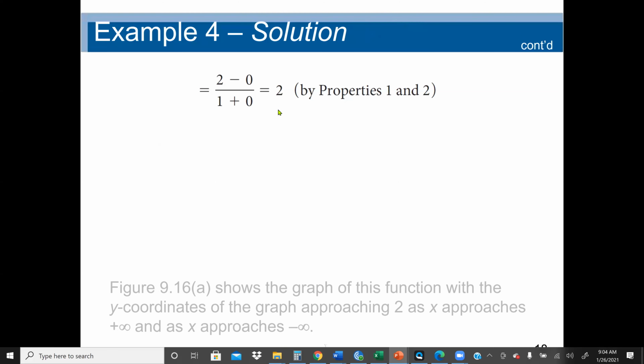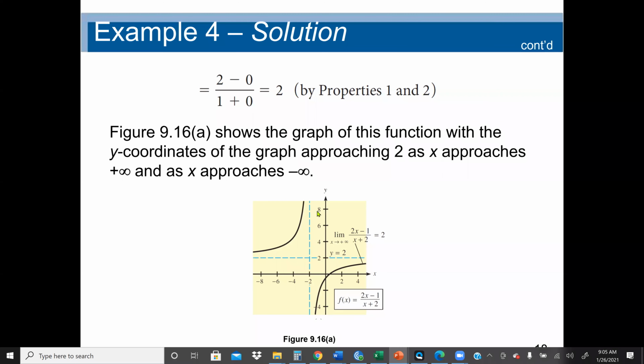Now let's look at the second one. Okay, so this is again, you can use your calculator to plot the function. So this is the original function. We can see that the reason why we get 2 here, it means that when we plot this function, we will see that in the -2 section, we're going to have asymptotes on the x-axis.